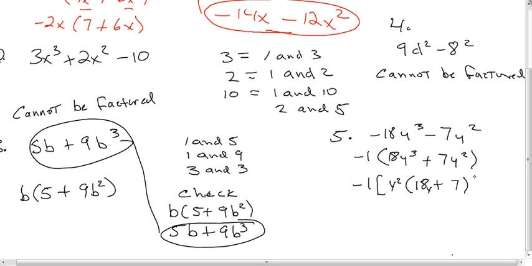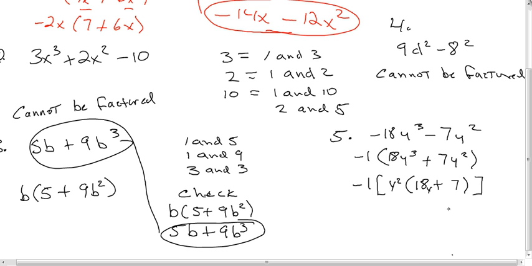Close this, and then we close our second bracket. So here that tells us that we have -1 times y squared times 18y plus 7.